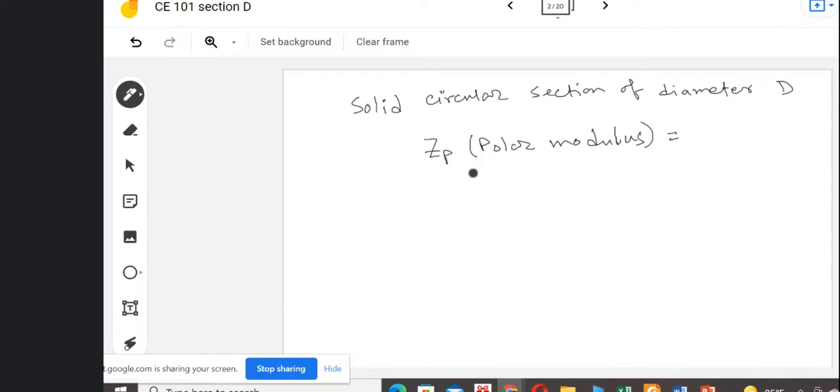What will be the polar modulus for a solid circular section of diameter D? Sir, IP by R. Yes, Ip by R I know, but what is the D expression? D by 2.